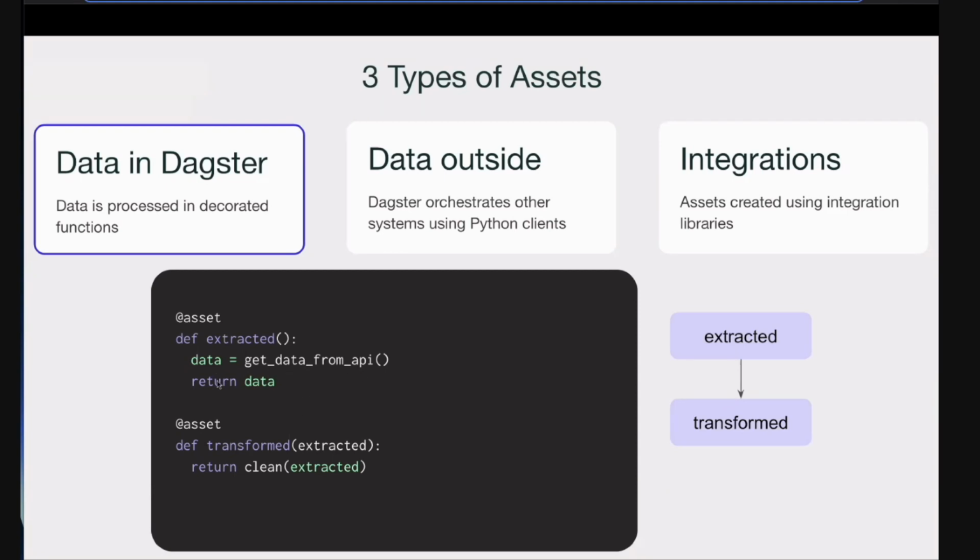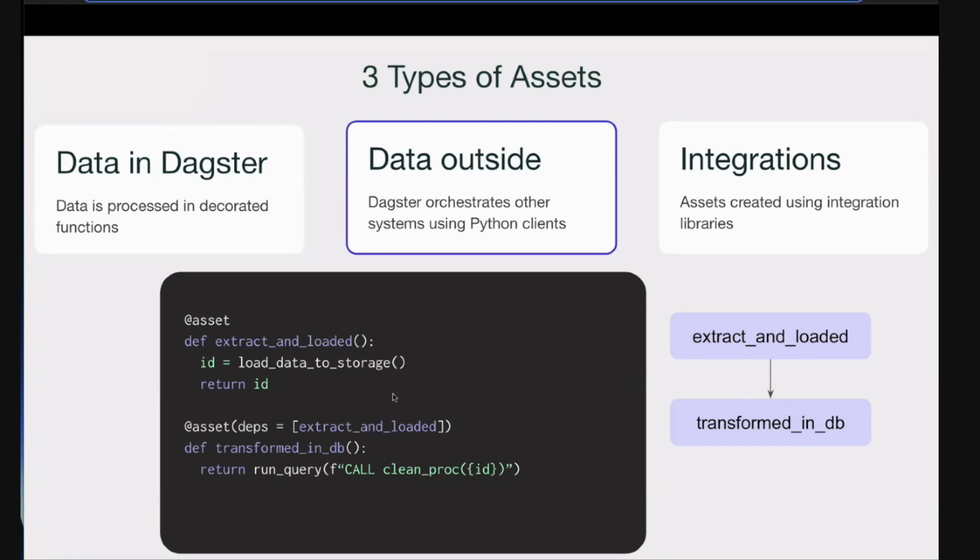Now, an example of data being processed in Dagster is an API call where you're doing something in memory. But another common use case is using a Python client to run some code in an external environment. As you mentioned, maybe executing in Spark or in Databricks or Snowflake or whatever, you're able to just call an external process, and the actual data processing happens in that external source.